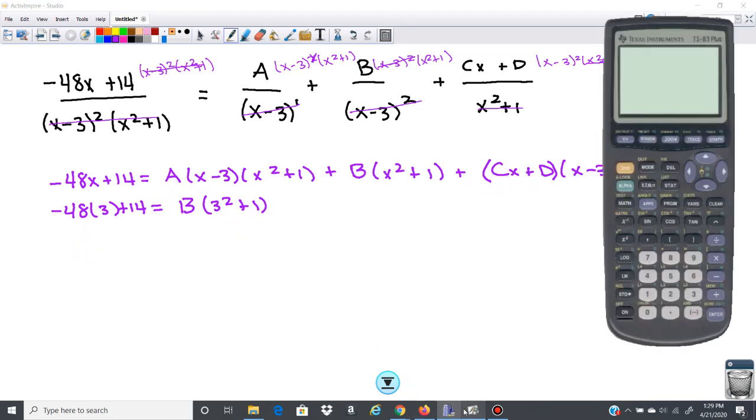So I'm going to get negative 48 times 3 plus 14, sorry, I'm not multiplying by 14, which gives me negative 130.